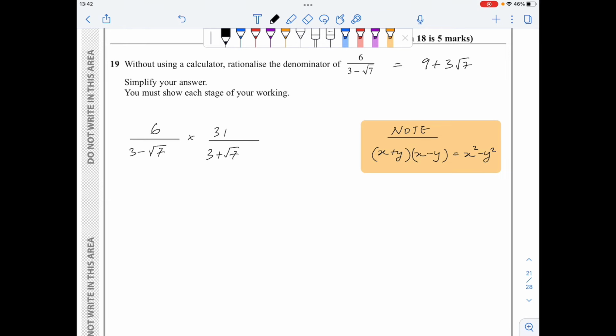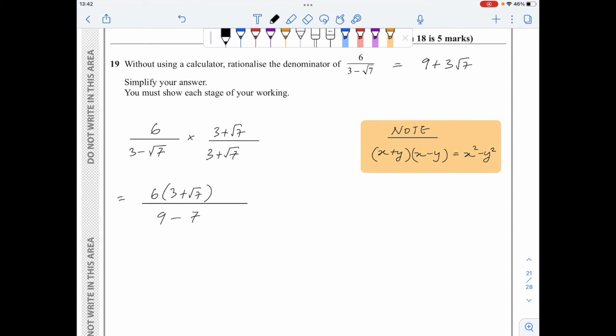The reason we did that is that in the denominator, when you do the multiplication, you'll get 9, which is 3 squared, minus square root of 7 squared, which is 7, and the 3 root 7 cancels out. In the numerator, I've got 6 times 3 plus root 7.